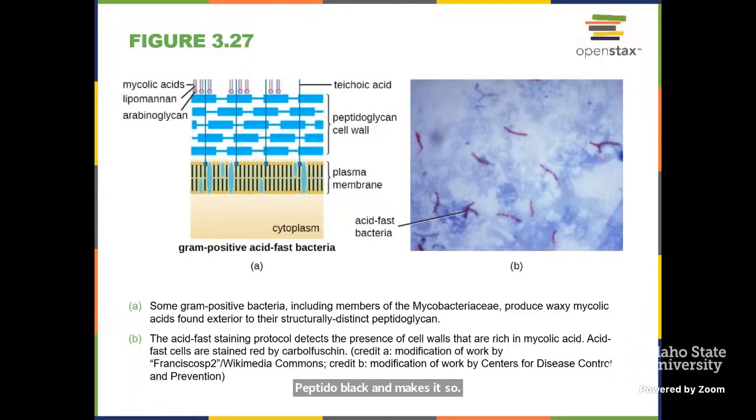We typically use some heat, a steam bath, to get the wax layer to really loosen up and allow stain to penetrate through. Without it, it just doesn't happen. So the mycolic acid in these acid-fast bacteria makes it so that gram stains don't work. By heating it, it makes it more permeable, and the carbolfuchsin, which is the stain for acid-fast bacteria, is able to get in there and take hold.